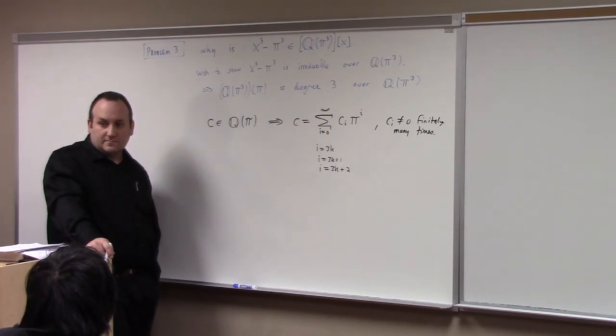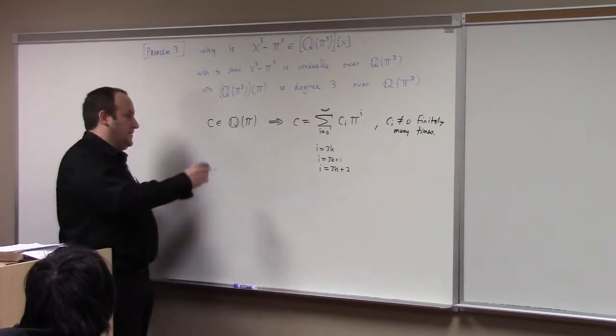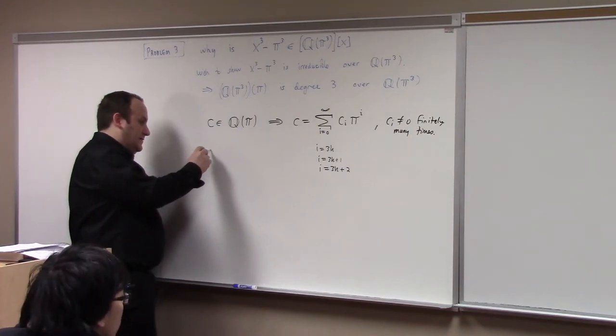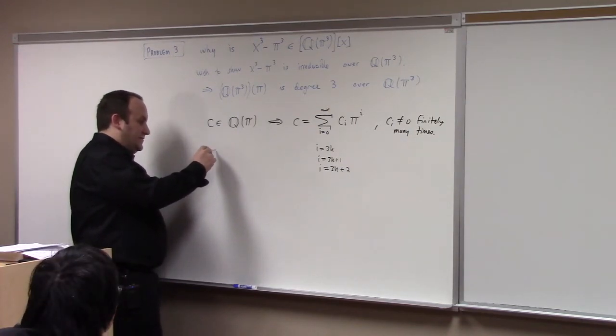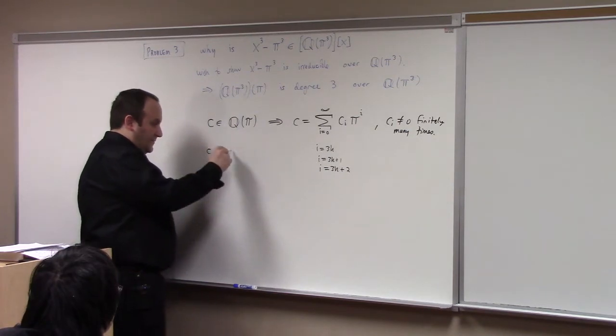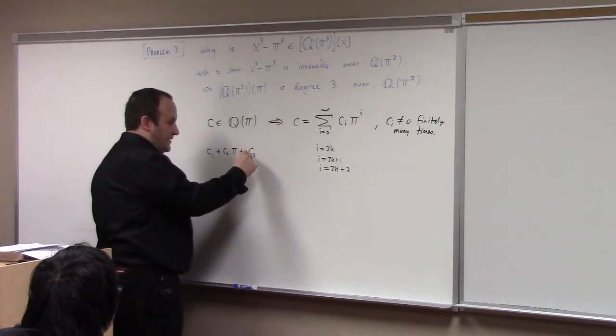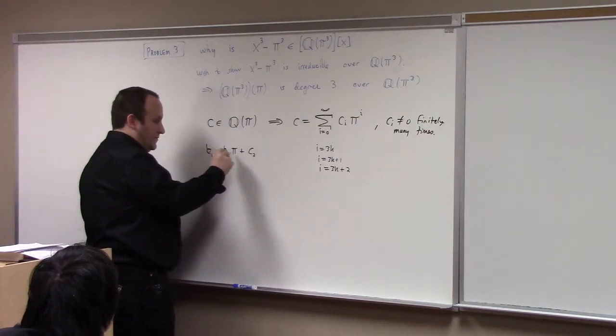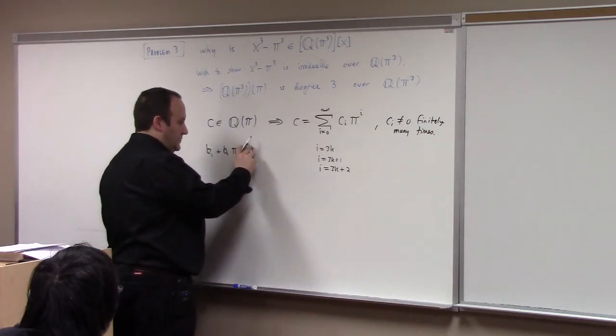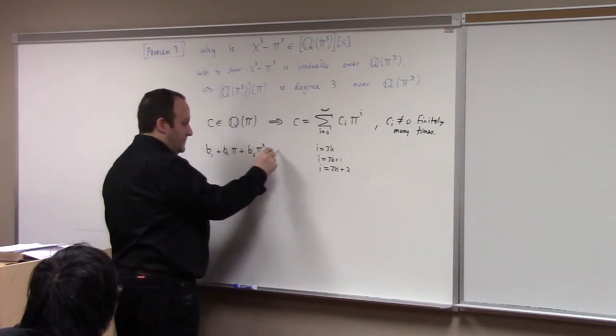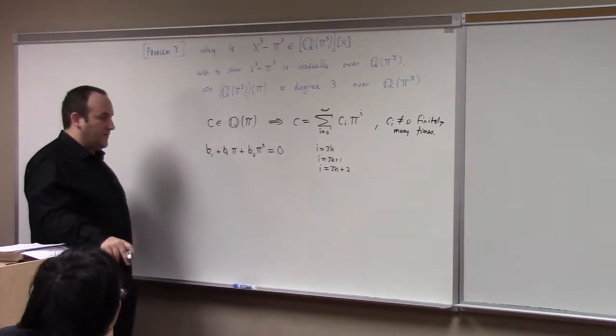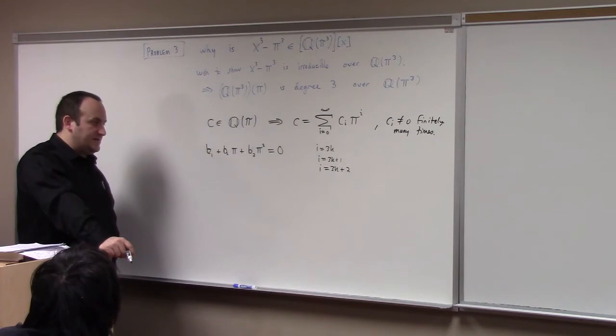But how does that show that they're linearly independent? Suppose that they weren't. Can you write, so if you take coefficients b1 plus b2 pi plus b3 pi squared, so suppose that you had a linear dependence.